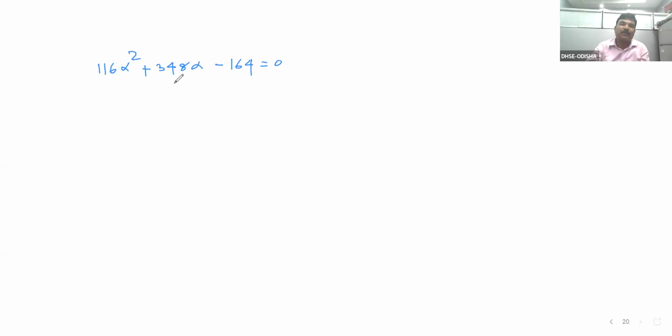Let one value be alpha 1 and the other alpha 2. The sum of the roots is minus b by a and the product of the roots is c by a. So alpha 1 plus alpha 2 equals minus 348 upon 116, and this is equal to minus 3. So quickly note it down.